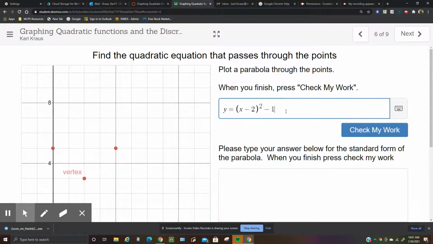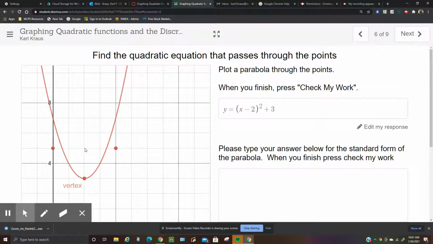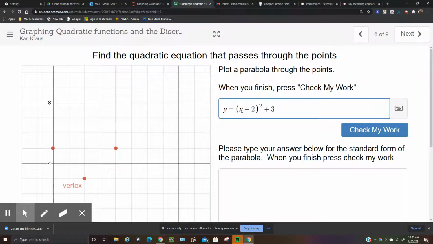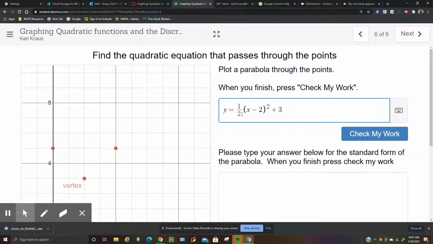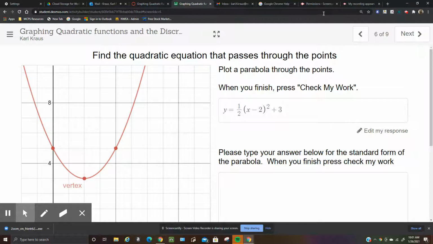So that part's right. All right, and we need to make this wider because it doesn't go through these 2 points. So let me try 1/2 here. So that works.